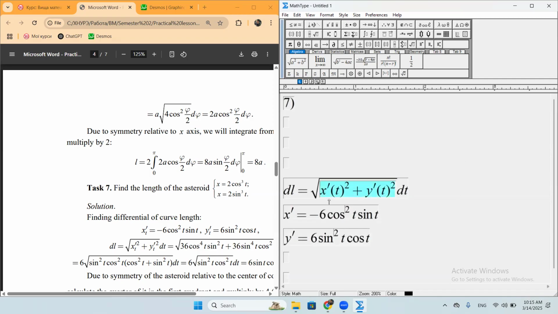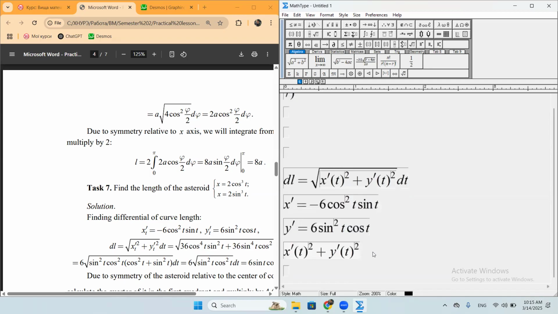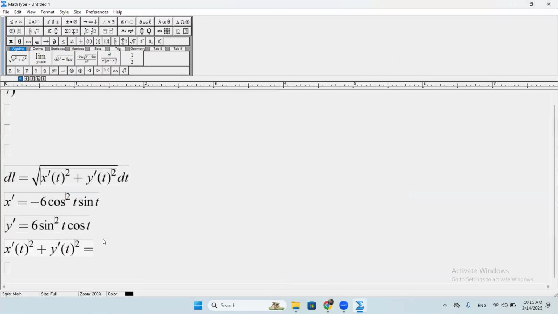And let's calculate this expression. So what do we have? 36 cosine of t to the power of 4 by sine squared of t plus 36 sine of t to the power of 4 by cosine squared of t. So now let's move 36 sine squared of t by cosine squared of t out of brackets.